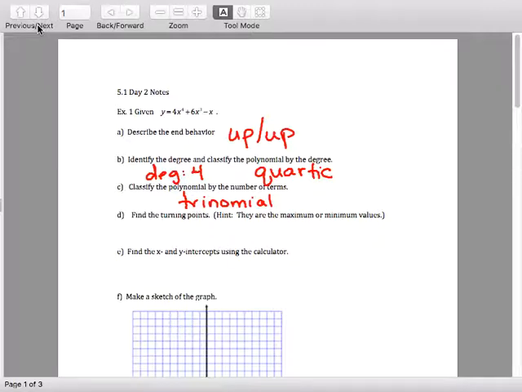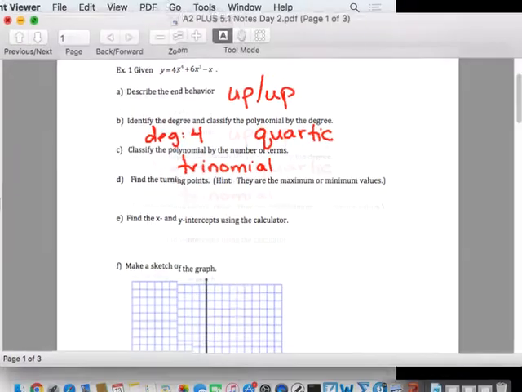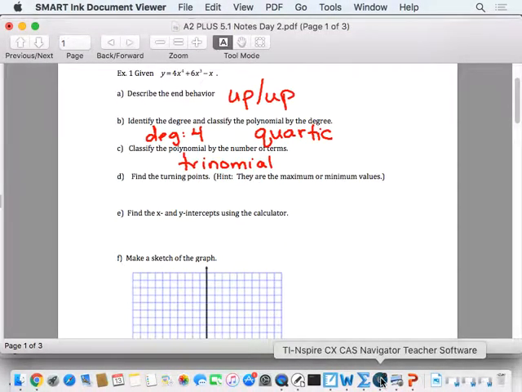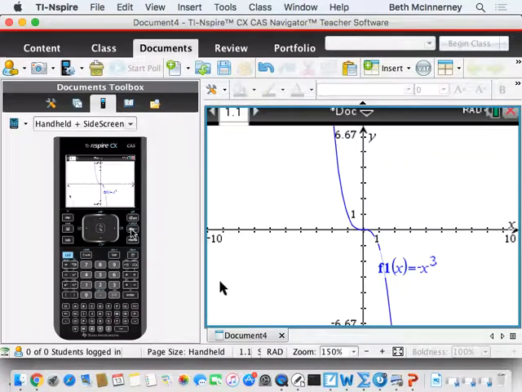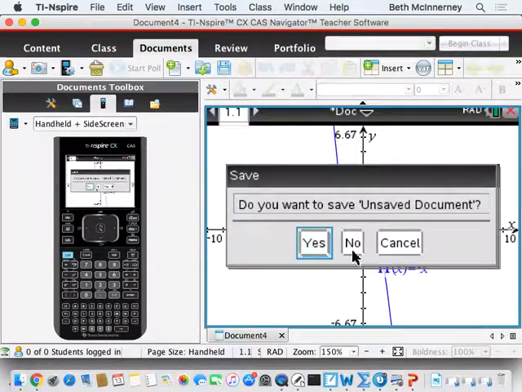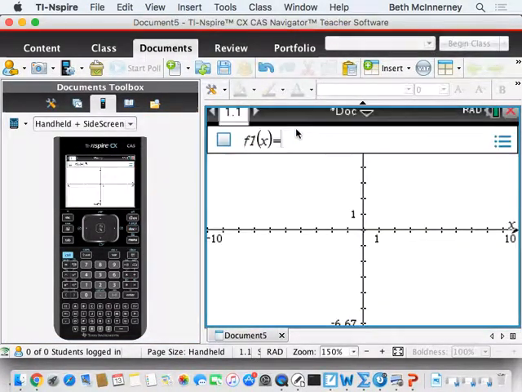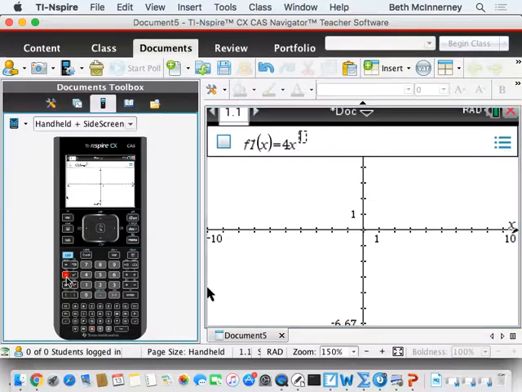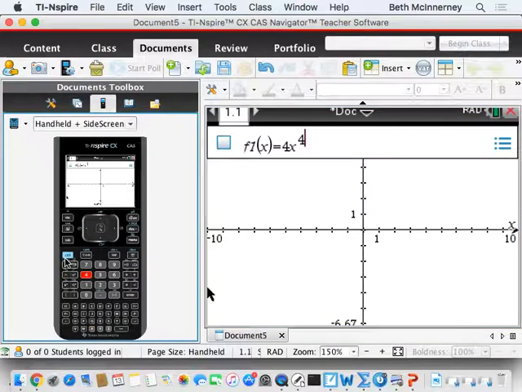And here's where I'm going to grab my calculator and pull it up here. If you're using the website desmos.com or the graphing calculator, whichever way you want to do it, I'm going to add a new graph here. Under example 1, I'm going to put 4x to the 4th plus 6x cubed.